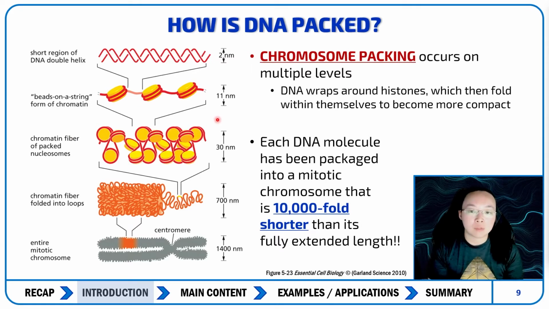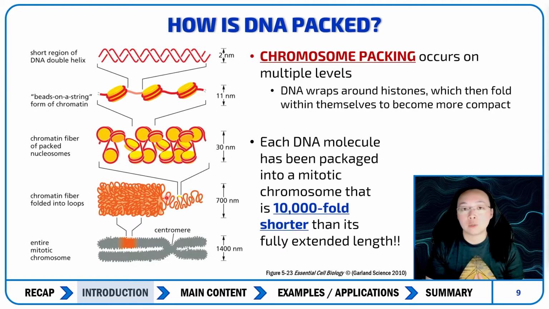Once DNA wraps around a histone to create a nucleosome, all the nucleosomes are going to want to wrap around each other to create a packed nucleosome environment. Once that's done, it's going to continue to wrap around and condense to create a chromatin fiber that's folded into loops. So you basically have the histones going up and down like this, being condensed and packed along this orange region over here.